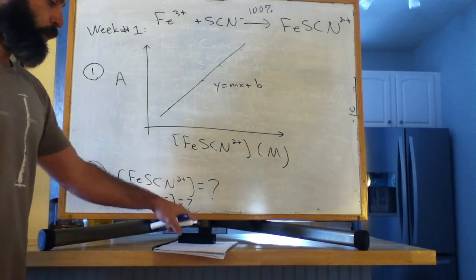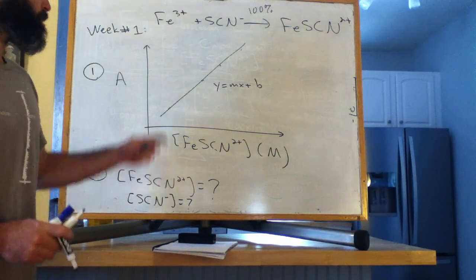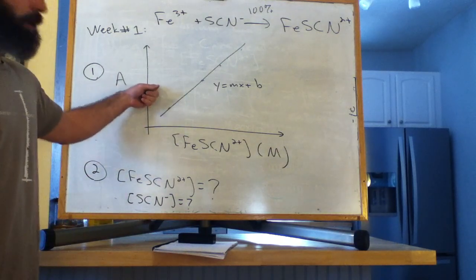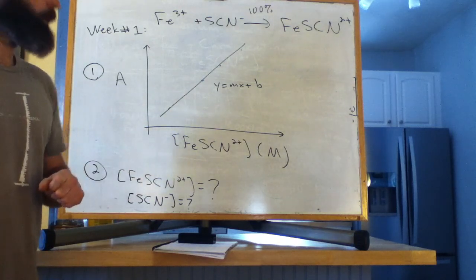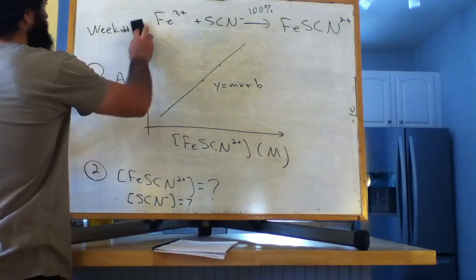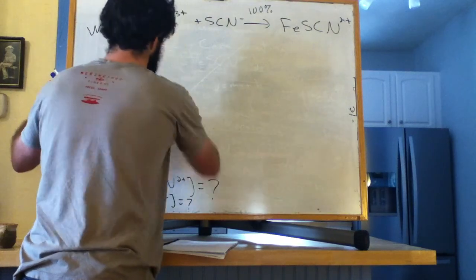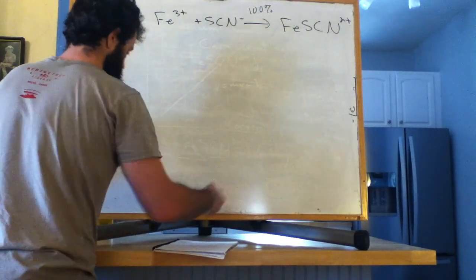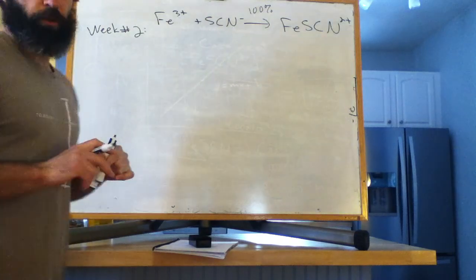Okay, so just work through the lab report, it should make sense. Cool, so week 1 is twofold. Construct your calibration curve, figure out the concentration of some unknown solution. All right, what we will then do in week number 2, actually, I'll just do a different video.